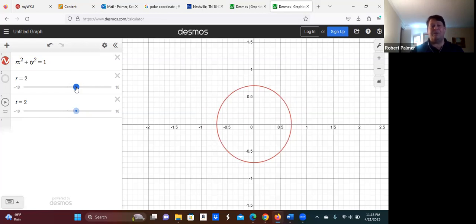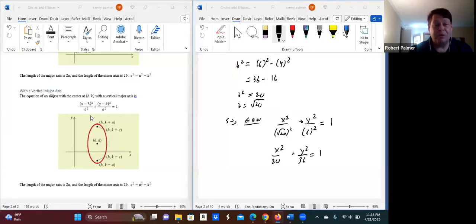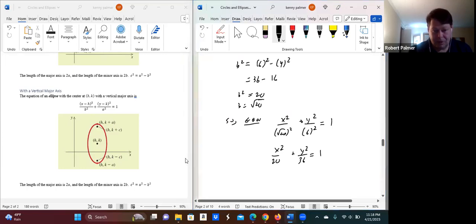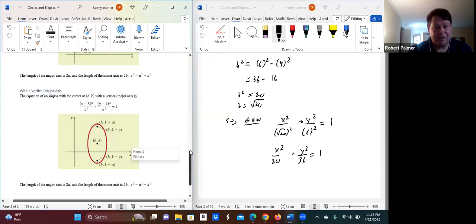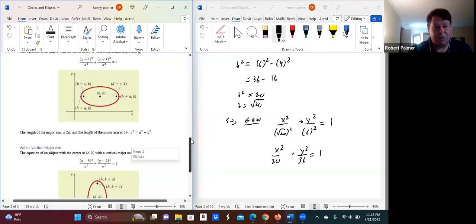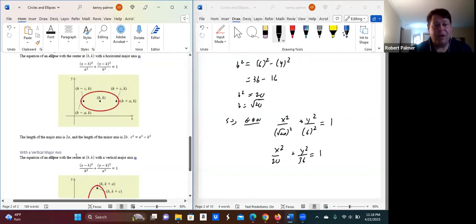A circle is simply a type of ellipse where the numbers in the front are the same, or if we think about it in terms of our equations, where basically A and B are the same. So in both cases, both ellipses, if you make A and B the same in both equations, then what you get are circles. Okay, if they're different, you get ellipses, and that's the difference.